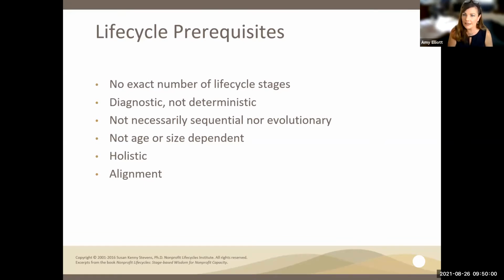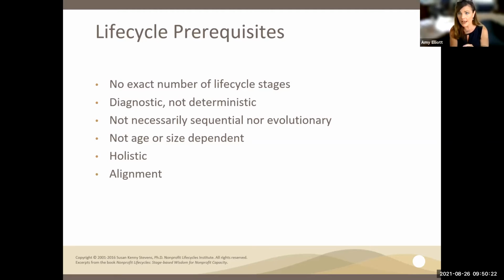Also, it's holistic. So when we talk about the organization as a whole, we can say this organization appears to be in the growth stage. We feel like this organization is just solidly, let's say, firmly middle, it's right in the growth stage.